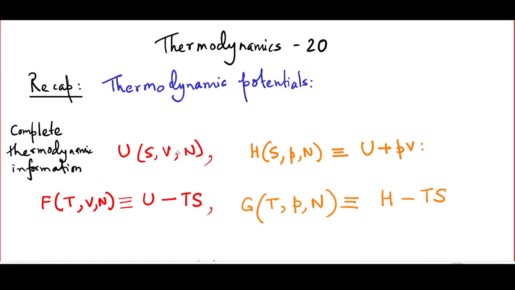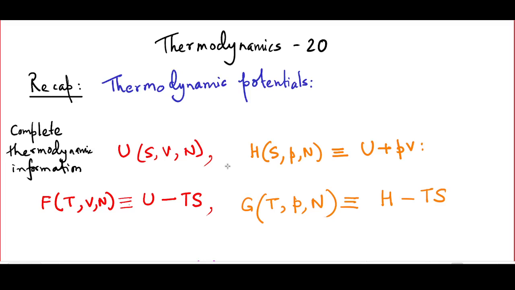Of course, the derivatives of U with respect to any one of these variables, temperature, for example, when you differentiate with respect to S holding V and N fixed, pressure, or rather the negative of it, when you differentiate with respect to V, and so on, are all intensive variables. Now, if you want to switch an extensive variable out in favor of its intensive counterpart, it can be done following what is called the Legendre transformation.